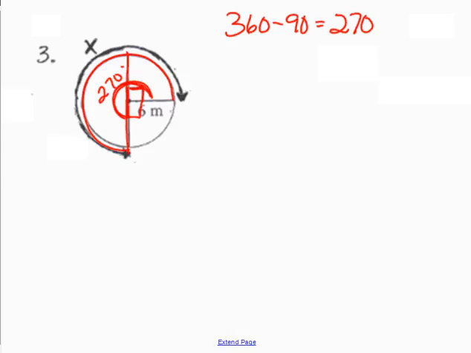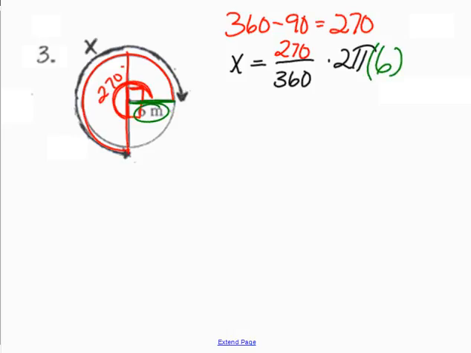So in the equation, we want x equals 270 over 360 times 2 times pi times the radius. Well, they gave us the radius right here, 6 meters. Once you type that into your calculator, you end up with 28.3 meters.